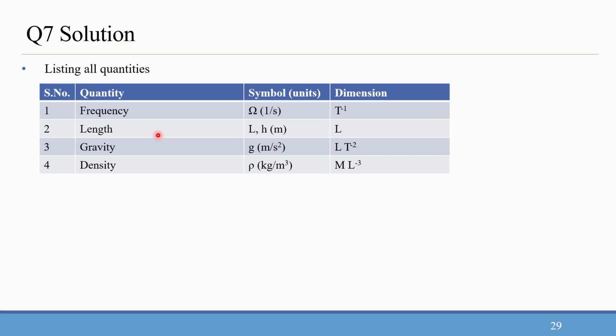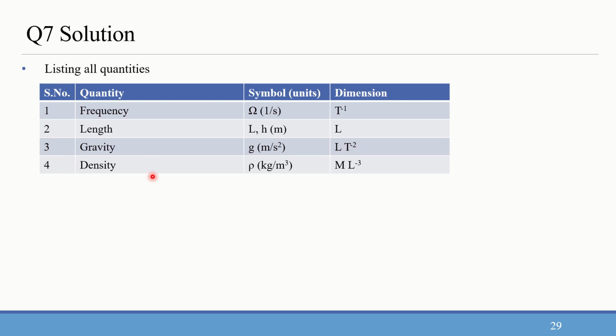The second one is the characteristic length. It can be L or it can be H; its unit is meter and it is represented as L. The third one is gravity, and its unit is meter per second squared. It is represented using the symbol g. So m is given by L and s squared is T to the minus 2, so it is L T to the minus 2.